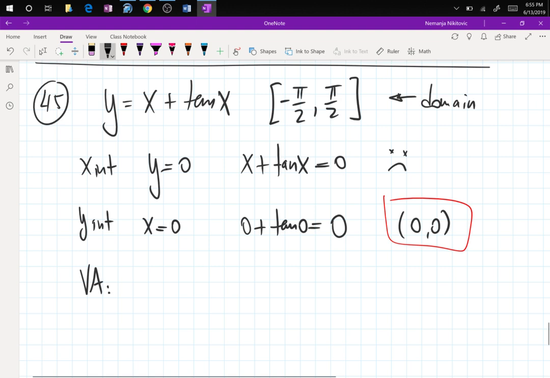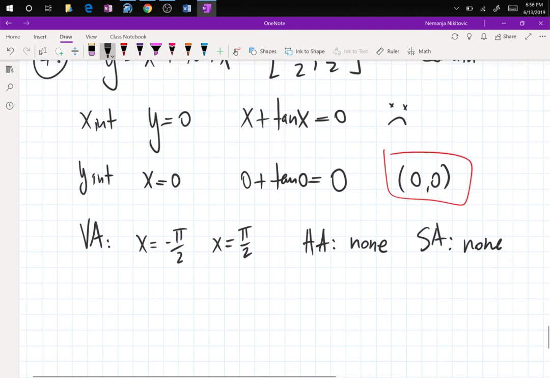Yes. x equals negative pi over 2 and x equals positive pi over 2, because tangent has asymptotes at those locations. Horizontal asymptote? None. Slant asymptote? None, because there are no polynomials there. Great.